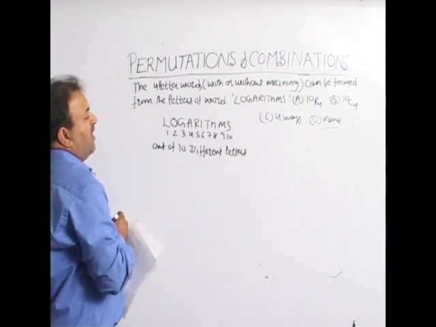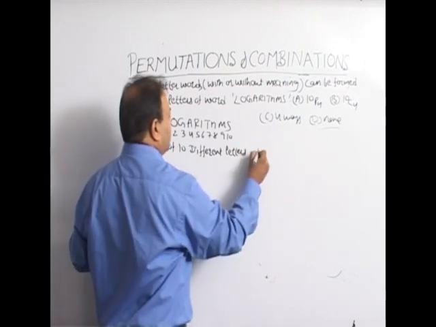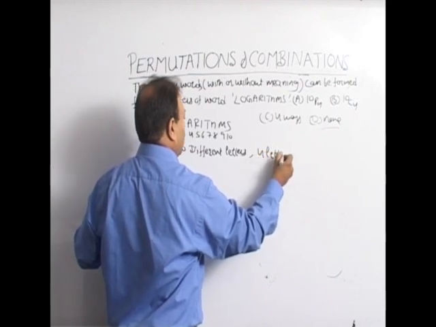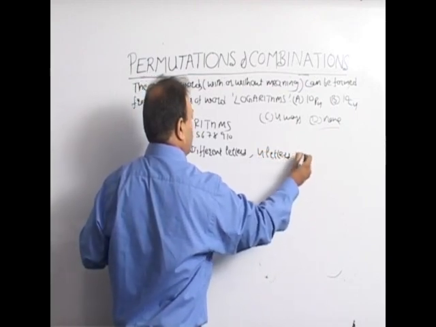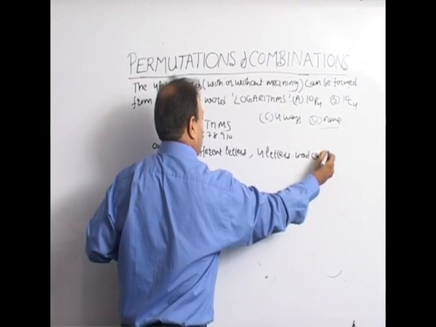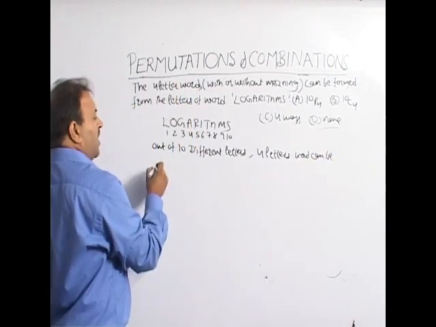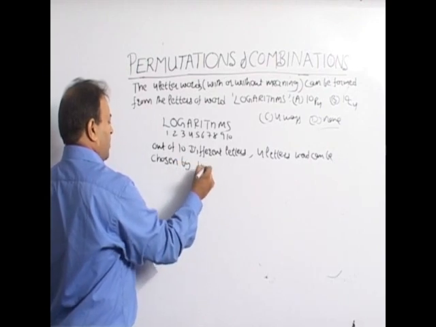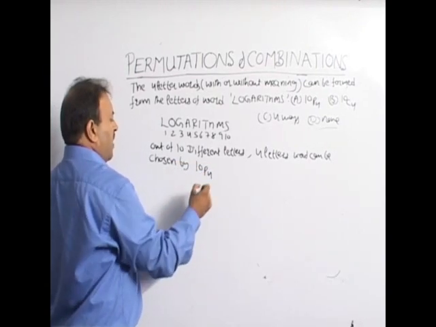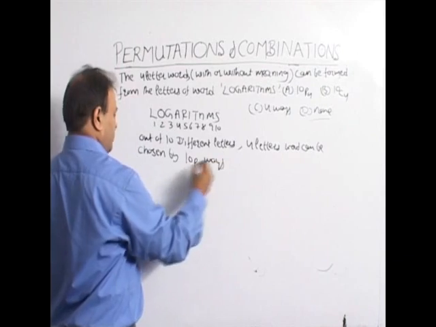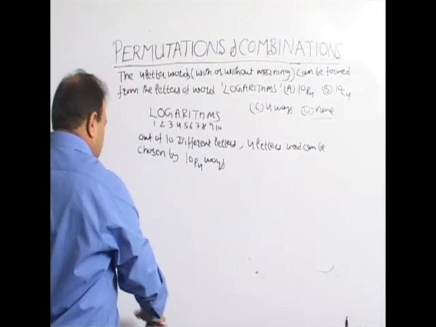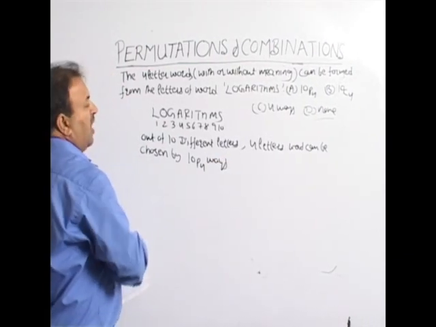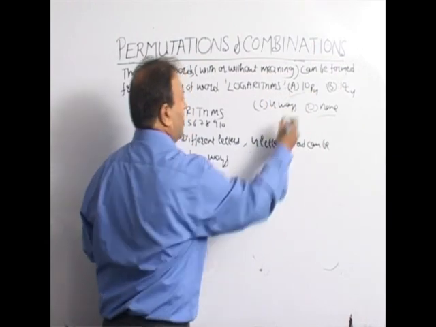Out of 10 different letters, 4-letter words can be chosen in 10P4 ways. So the right option is A.